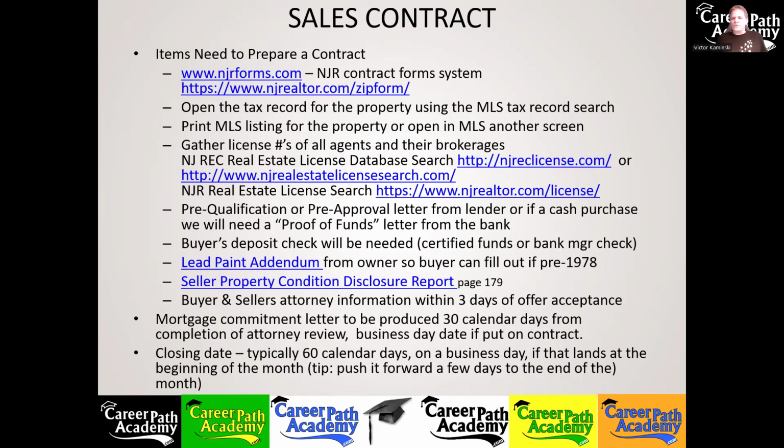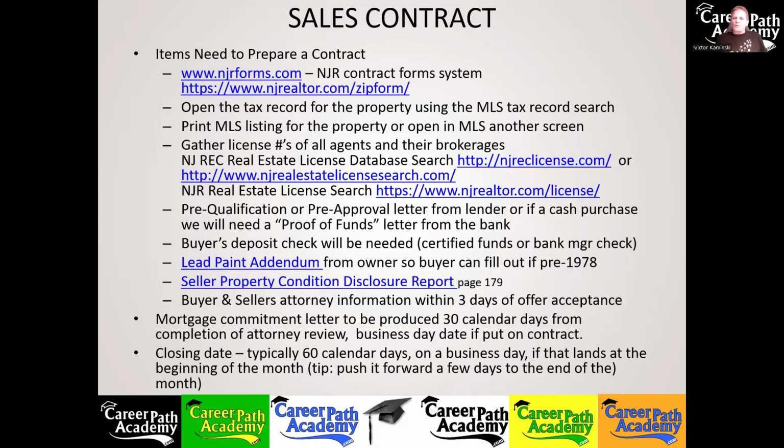Then you're going to go to the MLS and you're going to open the tax record for the property. Every MLS has access to at least one tax record system where you can get that information. Then you're going to print the MLS listing for that property or just have it open in another screen because there's some information you're going to need to grab from the listing to put into the contract.